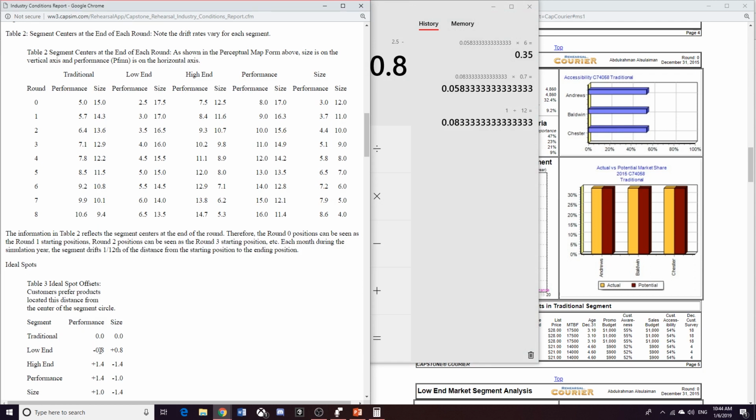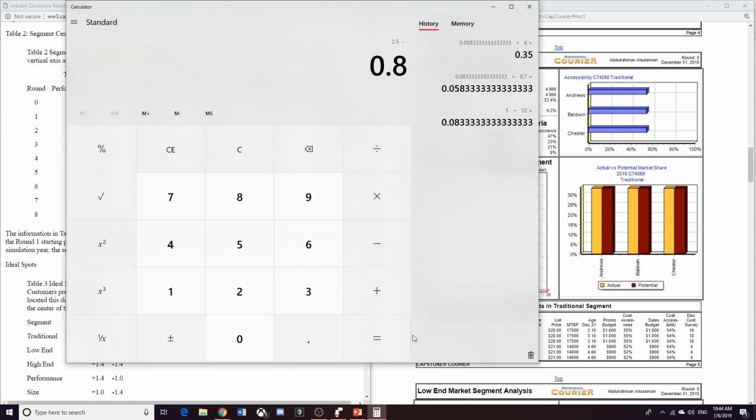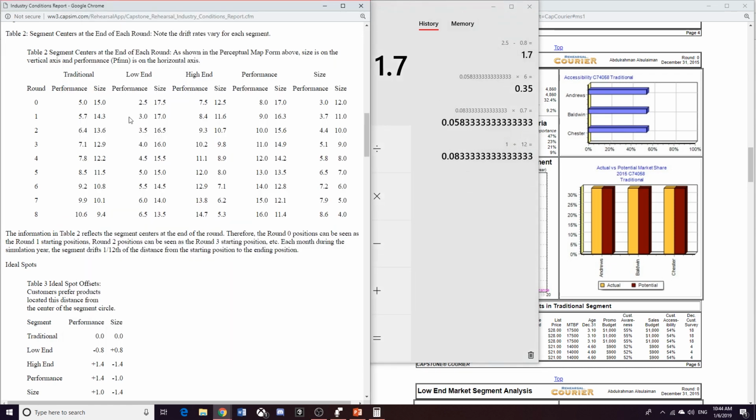Basically, they want it to be less performance. So you go equal. So that means 1.7. So in the beginning of round one for low end, customers actually wanted a product with a performance that is 1.7. Awesome. So that means in the month of January, customers want a product that is 1.7 performance.